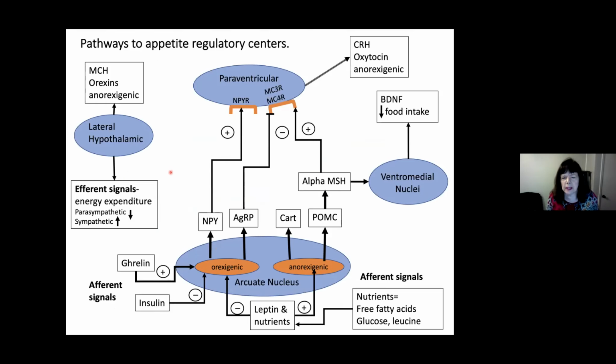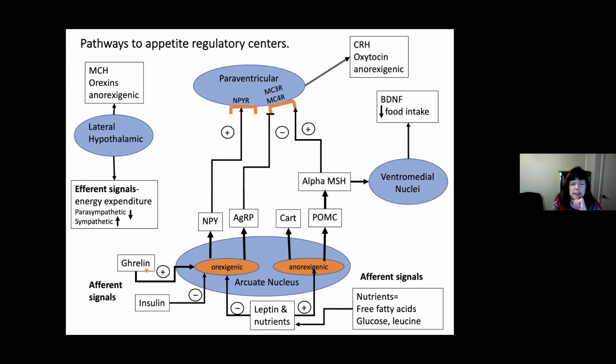And this is another one. This shows you more directly to the paraventricular nucleus. So I know this looks complicated, but let's start here. Let's just focus on the orexigenic pathway. Okay, so ghrelin. Now, ghrelin comes from the stomach.